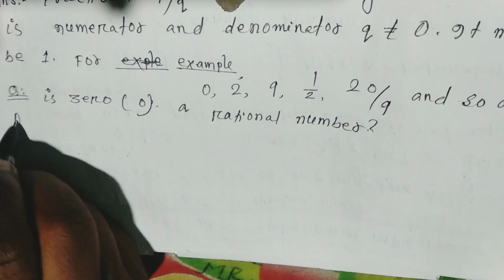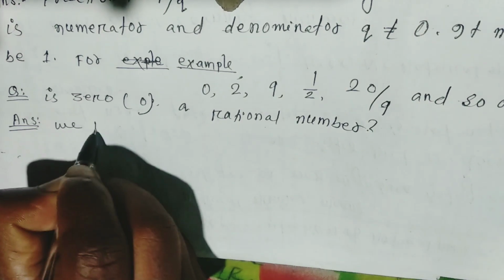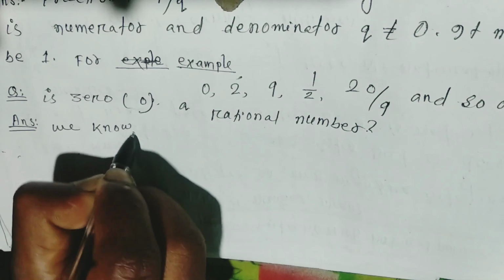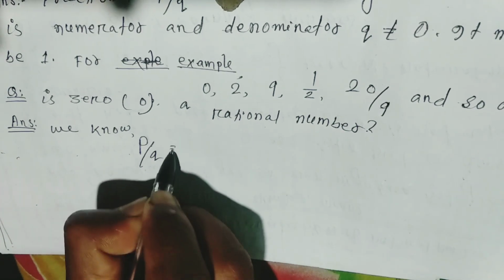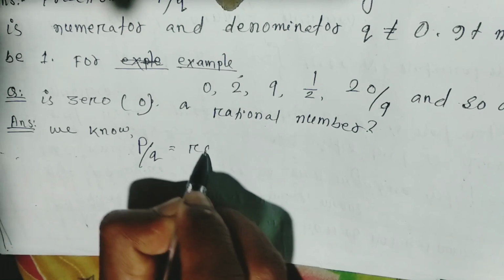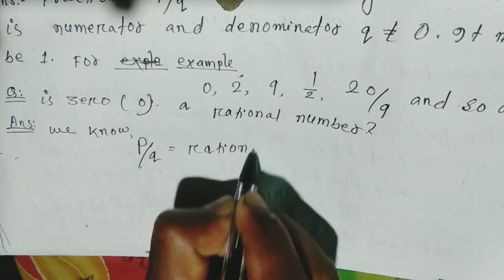Answer, we know p by q equal to rational number.